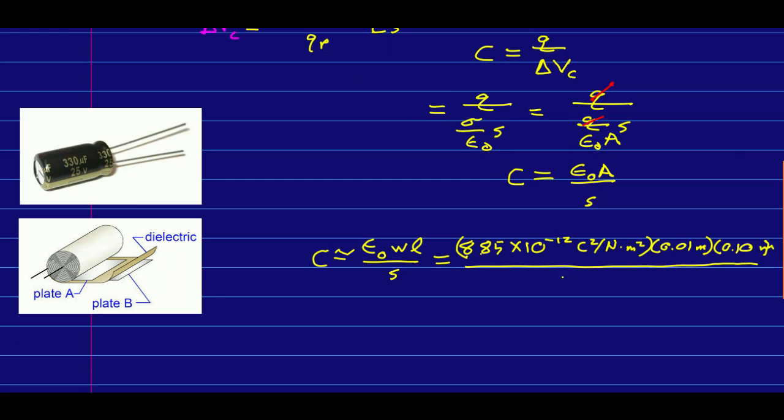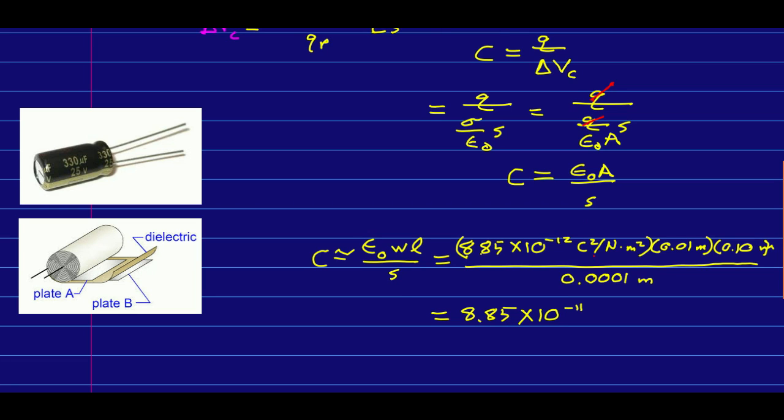And the plate separation is similar to the thickness of a fairly thin piece of paper, let's say 1/10 of a millimeter. That's actually pretty thick. And if you just plug that into a calculator, you'll find that it comes to around 8.85 times 10 to the negative 11.